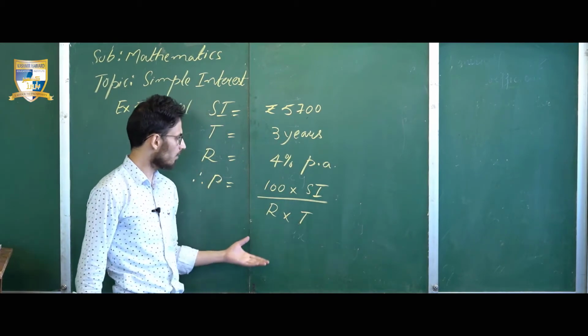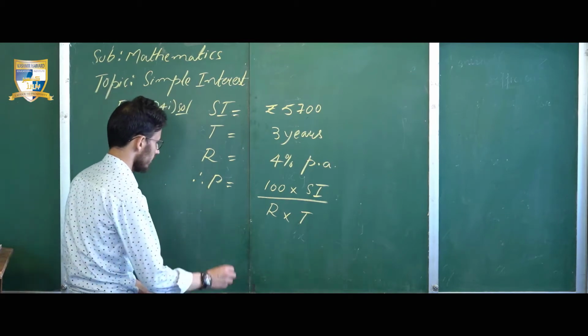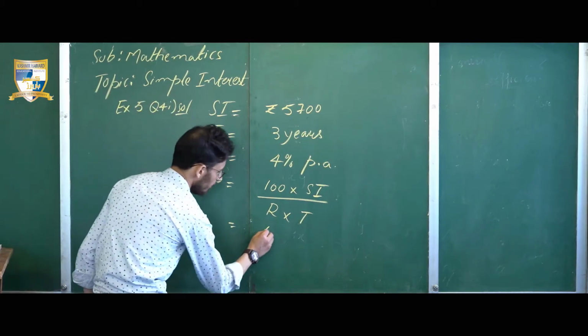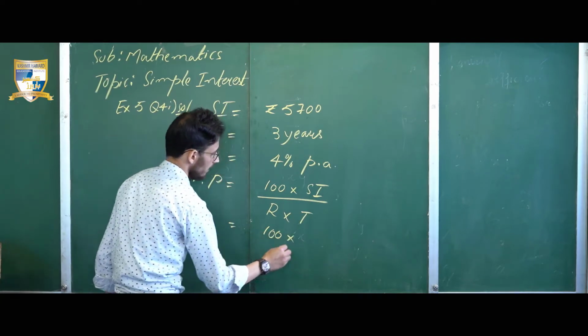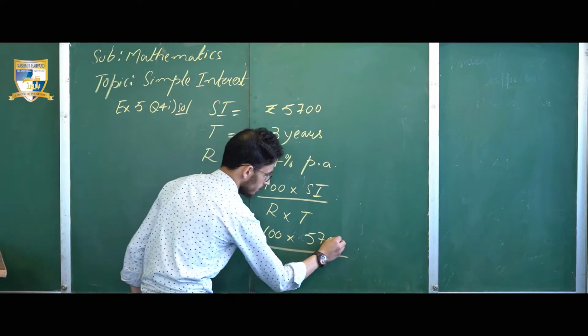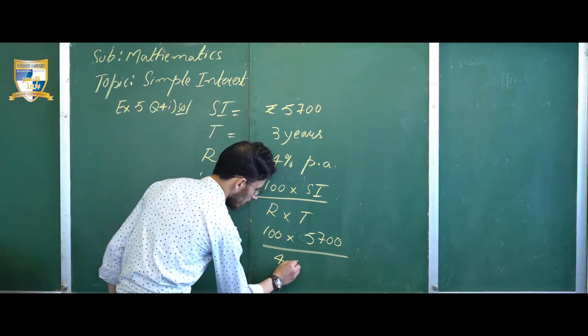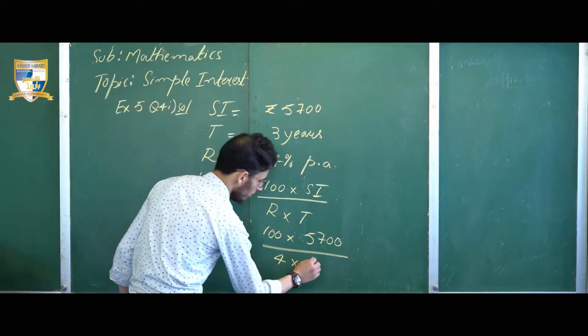Now applying these figures in the formula, you will get the answer. 100 multiplied by 5,700 upon rate, which is equivalent to 4, multiplied by time, which is equivalent to 3.